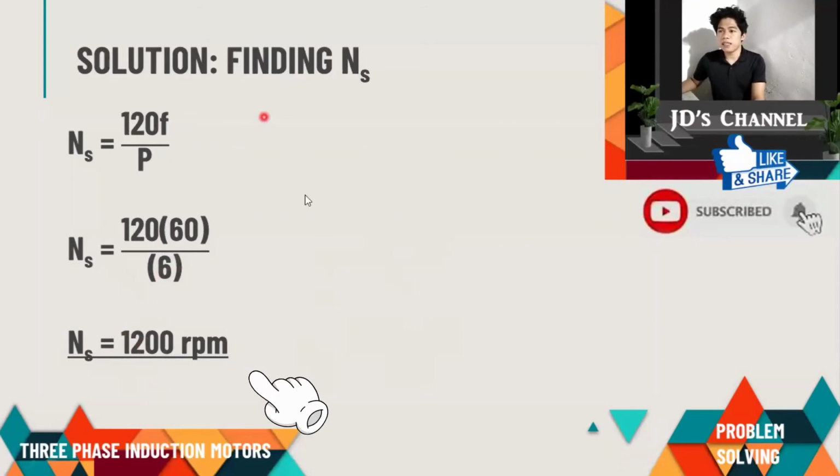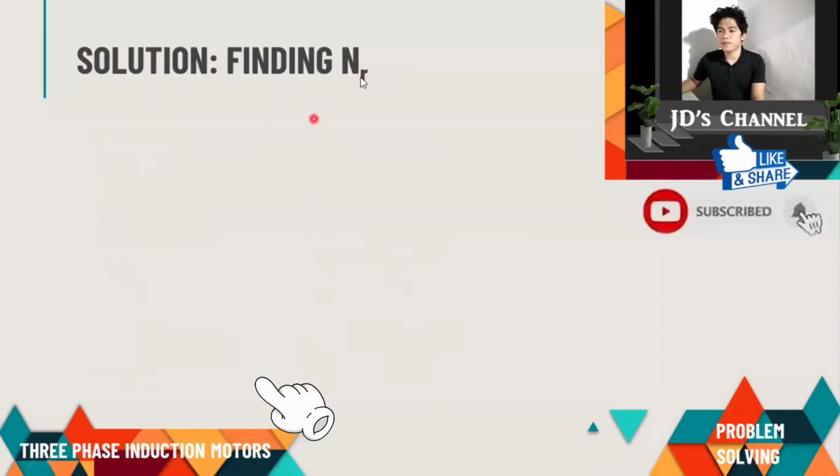So the next one, class, is finding the NR. So how do we get the NR?